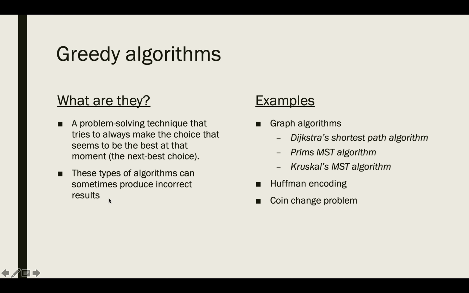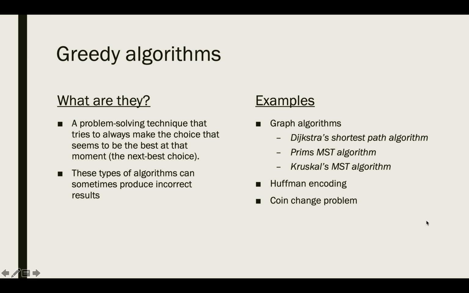Here I mentioned the fact that greedy algorithms can often produce incorrect results. Being very short-sighted and looking at what's just in front of you at any one moment and not trying to plan for the future will often get you bad results in any algorithm, but it turns out these first three are examples of algorithms that give you good results with good running times. If you remember, all of these pretty much ran in linear arithmetic time, and that is using the greedy strategy.